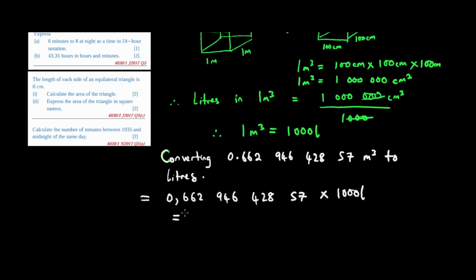Saka ndanyora mu calculator, times 1000. The answer here is 662. Remember kana tisina kupiwa specific degree of accuracy tofanga kuexpressa to 3 significant figures. Saka to 3 significant figures ingeri 663 liters.